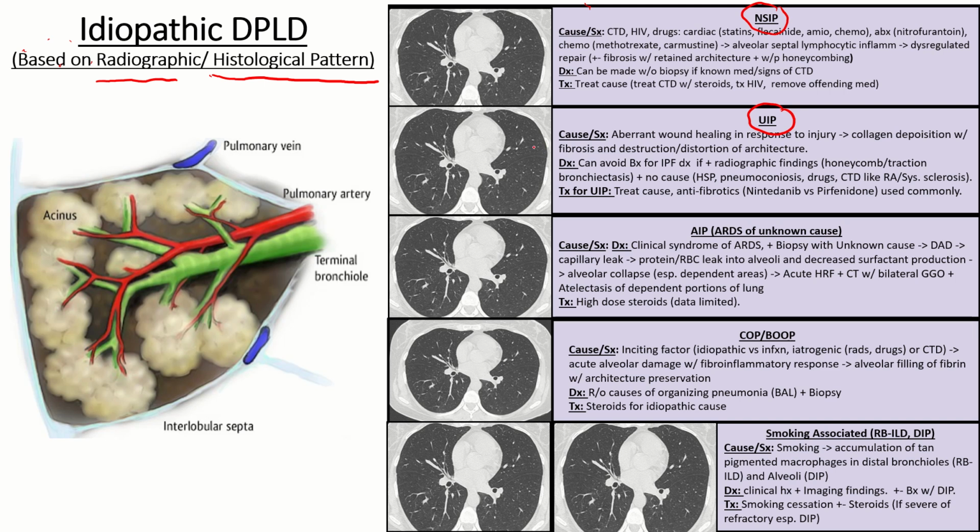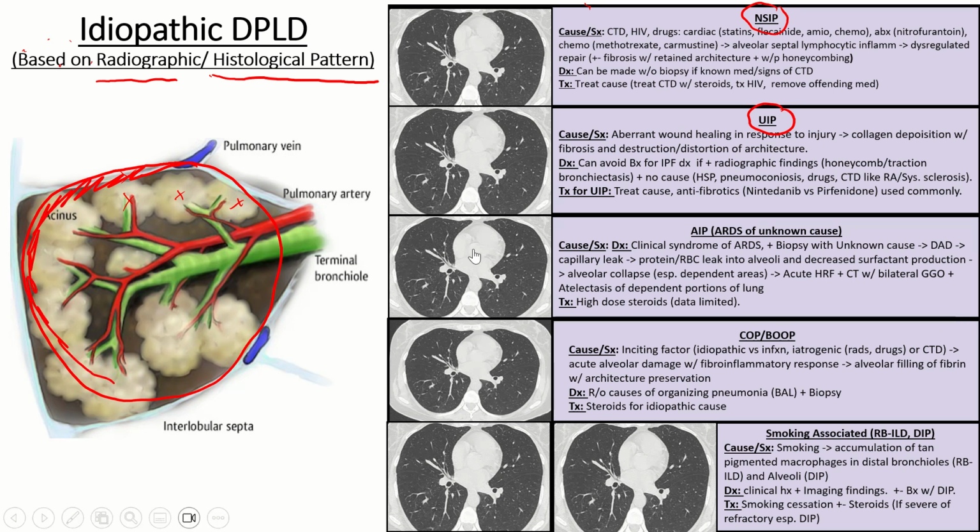Usual interstitial pneumonia, in general, is caused by an aberrant wound healing response to injury. Some of these patients with UIP get an injury at some point to the alveoli, to their interstitium, and they respond with complete destruction of their secondary pulmonary lobule unit, and then they eventually will have cystic formation.